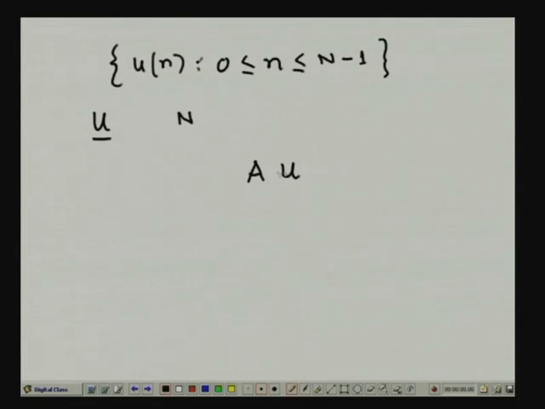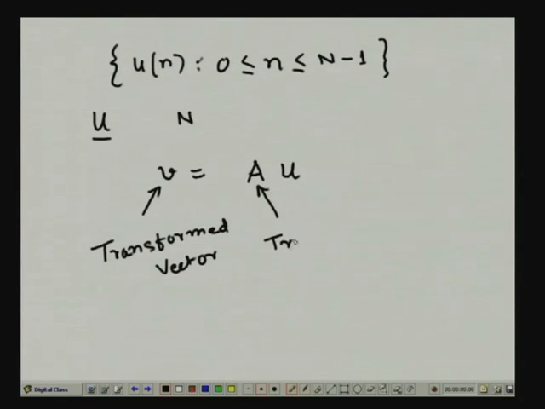So, you find that this u is a vector of dimension n, and I have a unitary matrix of dimension n by n. This multiplication results in another vector v. This vector v we call the transformed vector, and this unitary matrix A is called the transformation matrix.